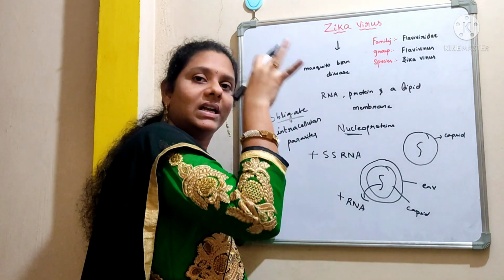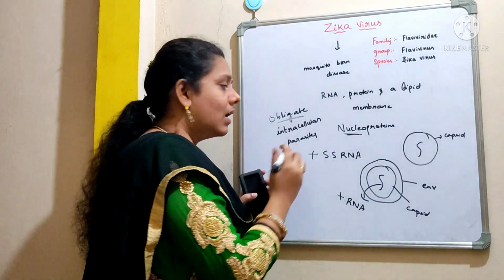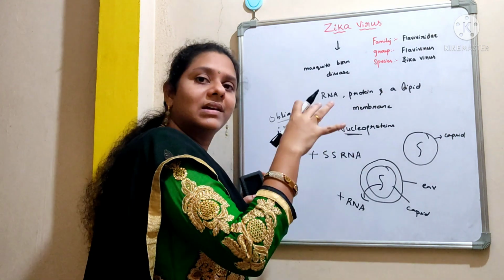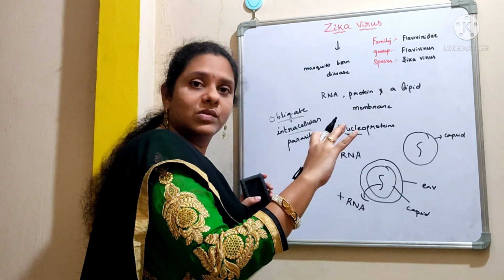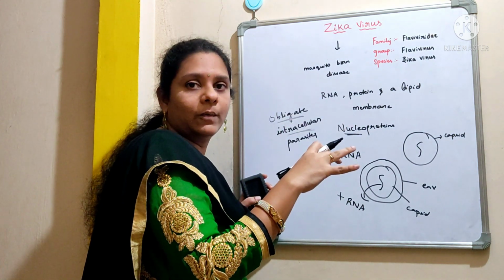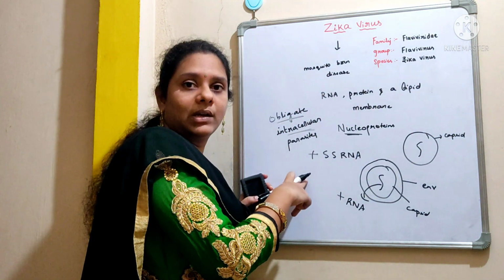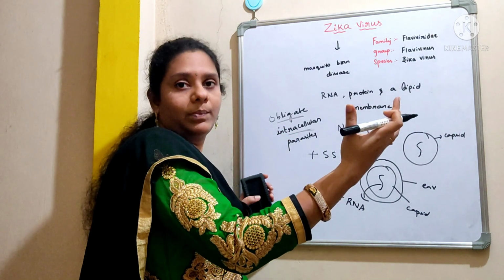Moreover, these viruses are obligate intracellular parasites. Obligate means strictly these viruses require that particular condition for their survival. Intracellular parasites means these viruses require a host for their replication. They won't replicate outside the host. They remain inactive. Once the virus enters into a cell, then it becomes active. It will carry out its life cycle, giving rise to more viral progeny.